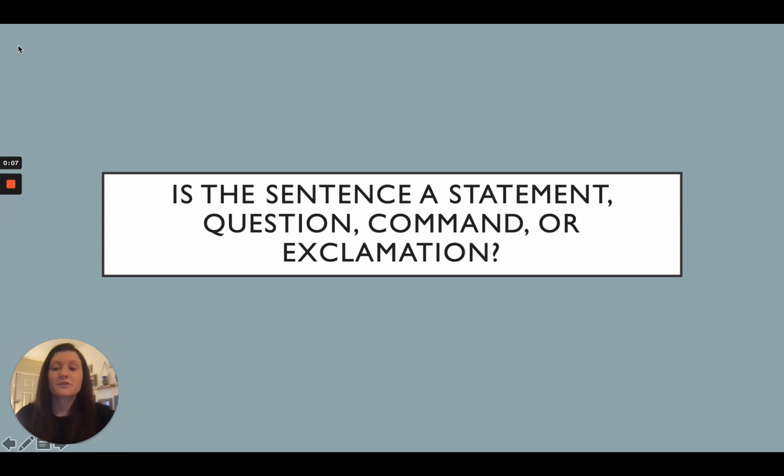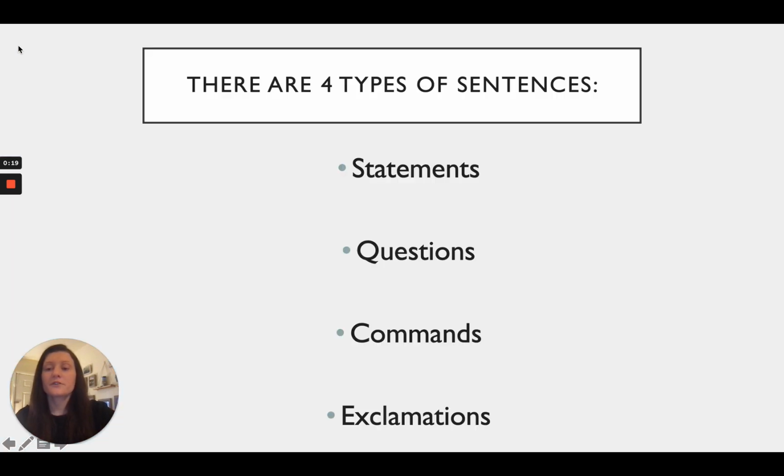Today for language arts, we are going to be looking at: is the sentence a statement, question, command, or exclamation? First off, we need to know that there are 4 types of sentences. First up, we have what is called a statement sentence.